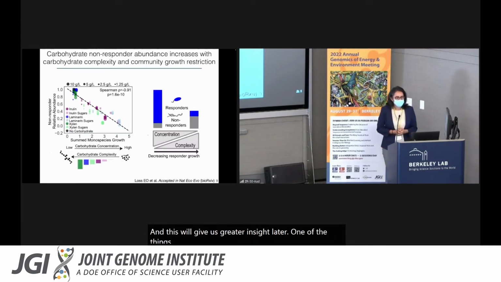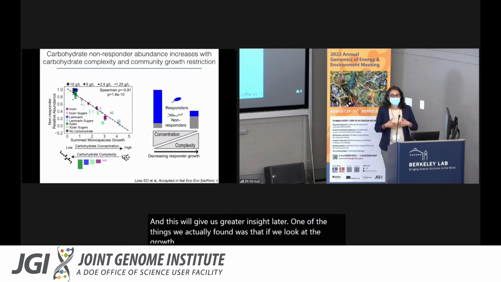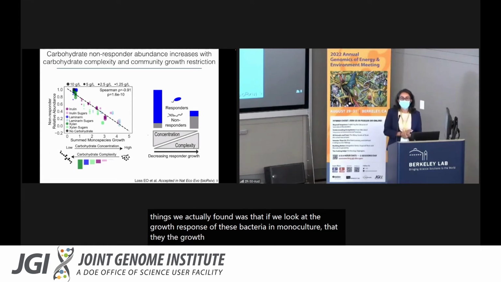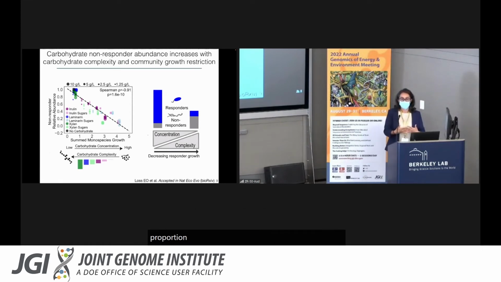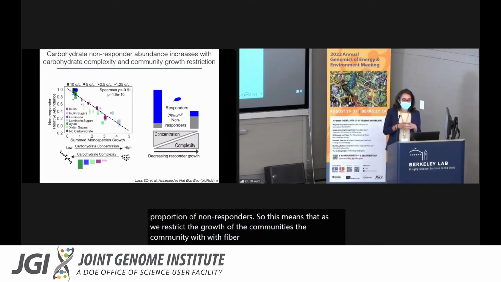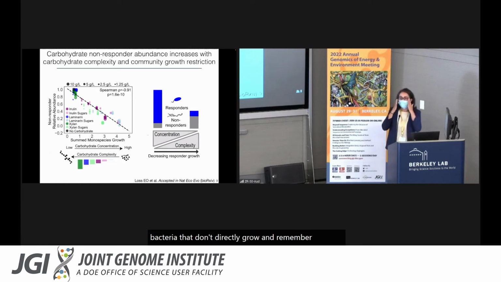One of the things we actually found was that if we look at the growth response of these bacteria in monoculture, the growth is negatively correlated to the proportion of non-responders. So this means that as we restrict the growth of the communities, with the chemical complexity of the fiber, we promote the growth of bacteria that don't directly grow in response to the fiber in monoculture.